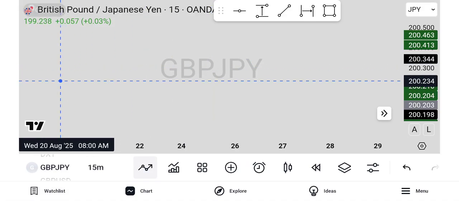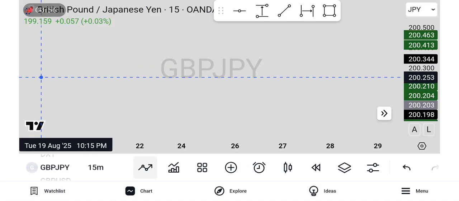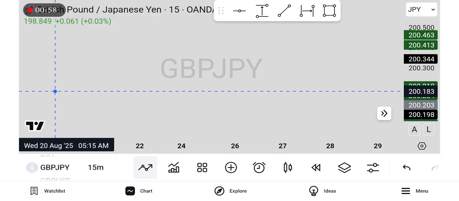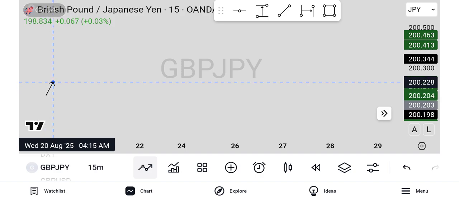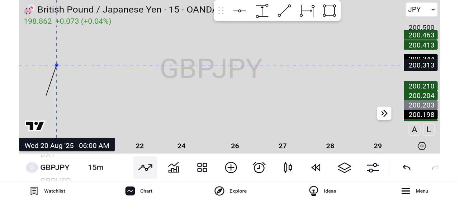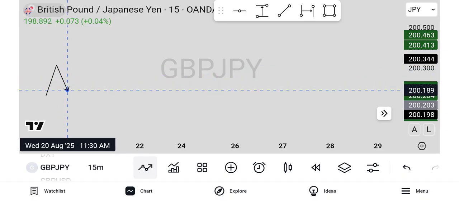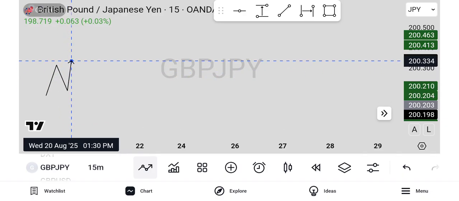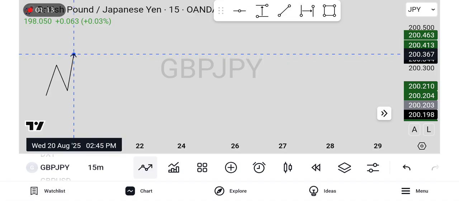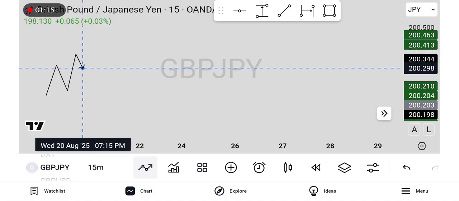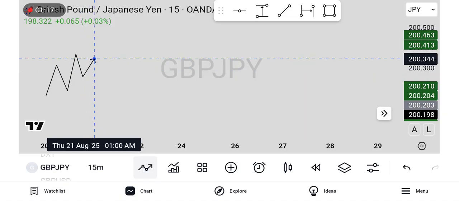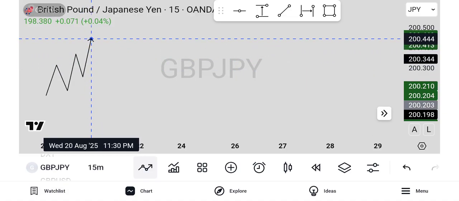Okay, the first thing you should look out for before choosing an order block or a supply block, first thing first. For example, we are in an uptrend and price broke structure, price retraces again.